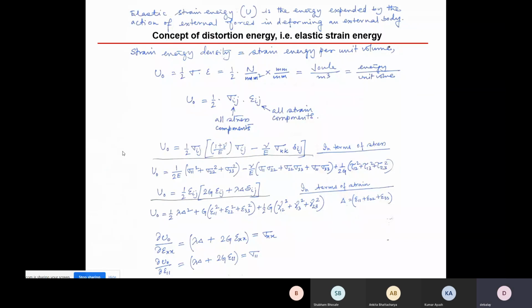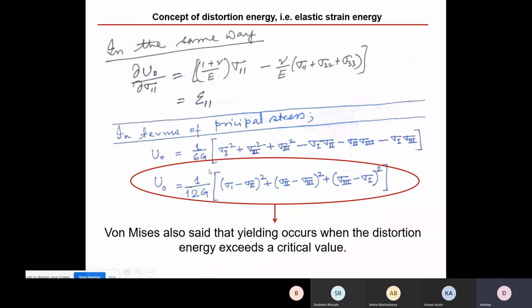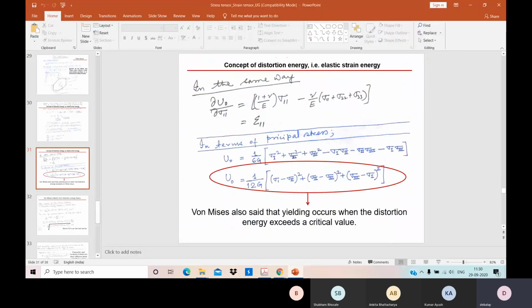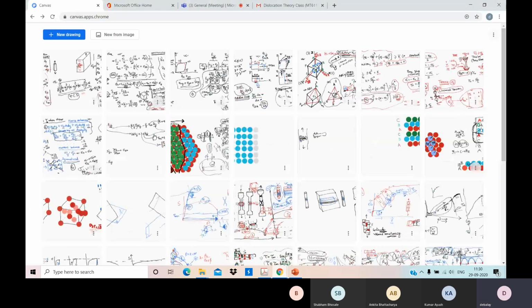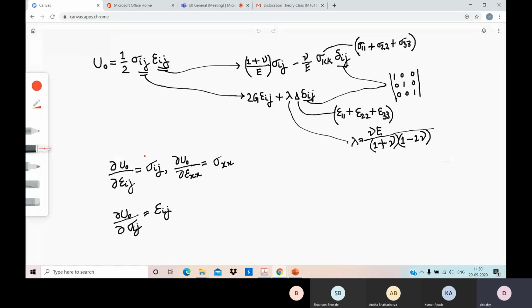There is one important consideration called distortion energy. What is distortion energy? Let me quickly go back to the canvas screen, the slide that I have made to help you understand distortion energy. Distortion energy means elastic strain energy absorbed by a body.